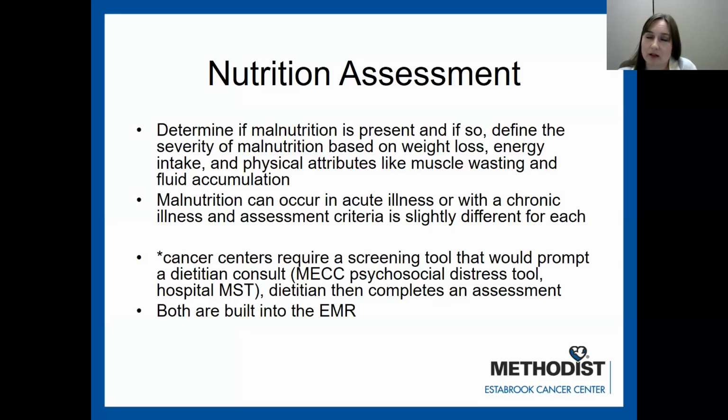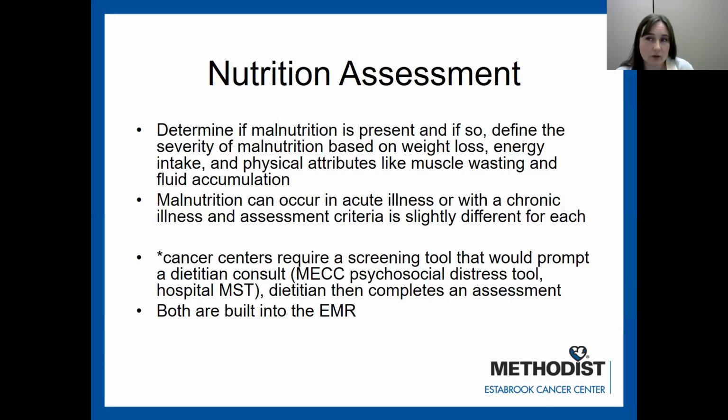Jumping back a little bit, nutrition assessment. So us dietitians will come in, we'll look at the patient and try to determine, is there any sort of malnutrition in this patient? Are they coming to us with a new diagnosis already at a disadvantage? And then we define the severity based on a lot of factors like how much weight have they lost over what period of time, how many calories are they eating in a day.